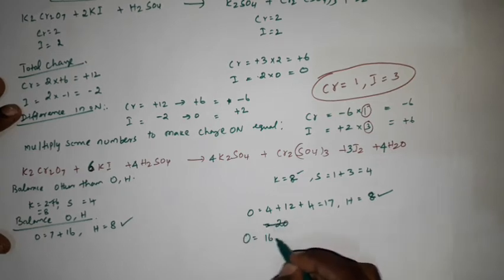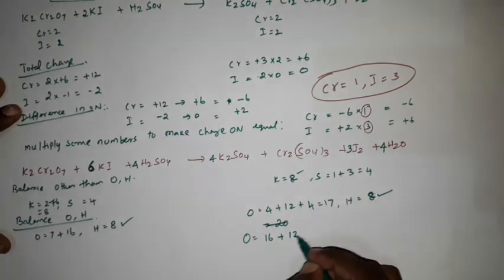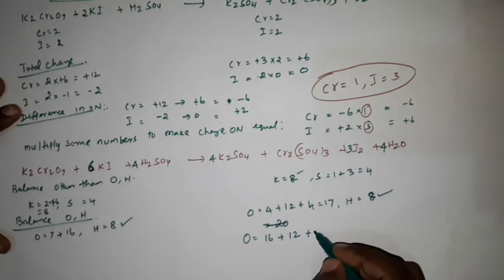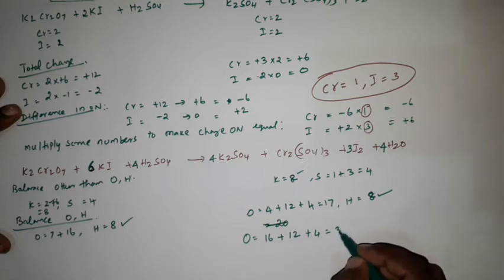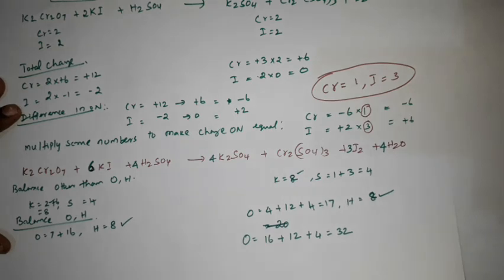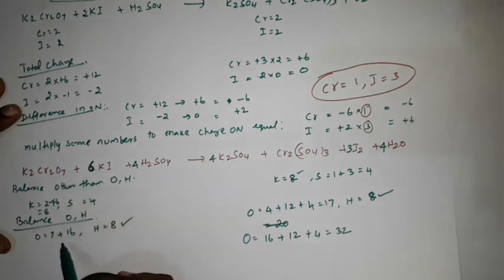Oxygen equal to 16 plus 12 plus 4. 20 plus 12, 32. Now here only 13 is remaining, 4 plus 7, 13. You have to make it 32 here. Then only this equation will be balanced.